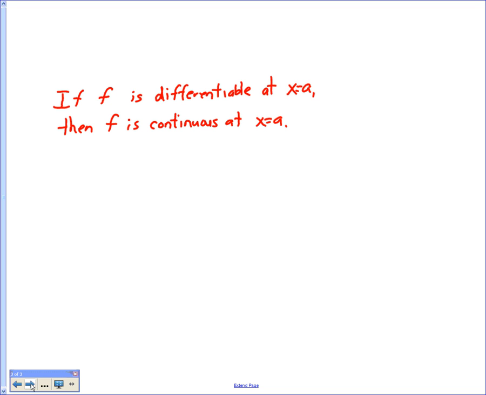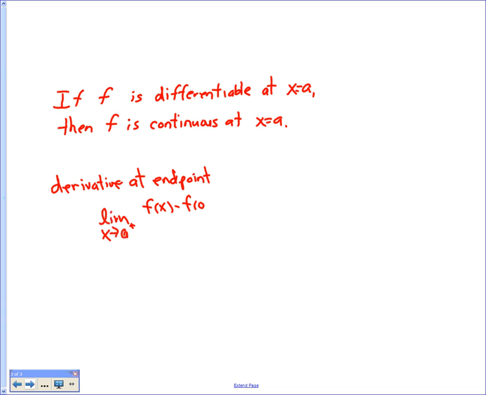And the ones that we want to be careful of are the ones where we have endpoints. To have a derivative at an endpoint, we take the limit as x approaches that endpoint from either the right or left.